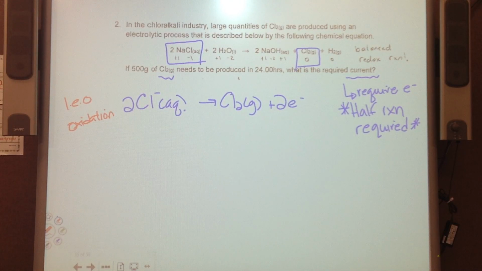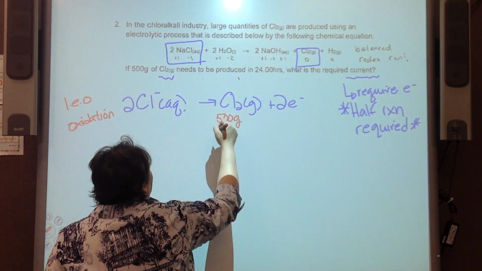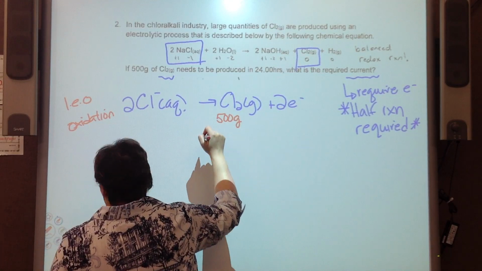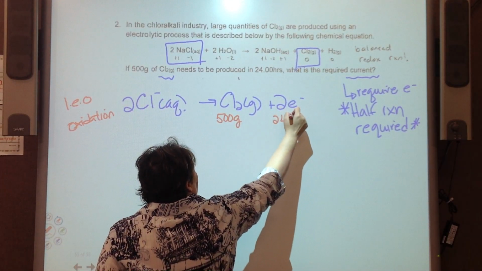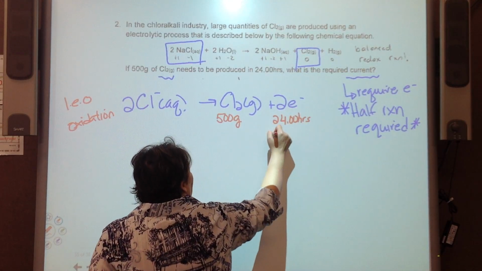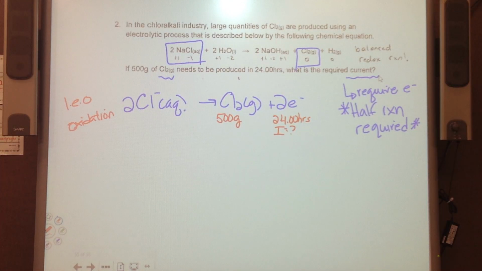Okay, let's fill in the information that we know. We have 500 grams of chlorine produced in 24 hours. What is our current? Any other pieces of information that we're going to need to help us out?